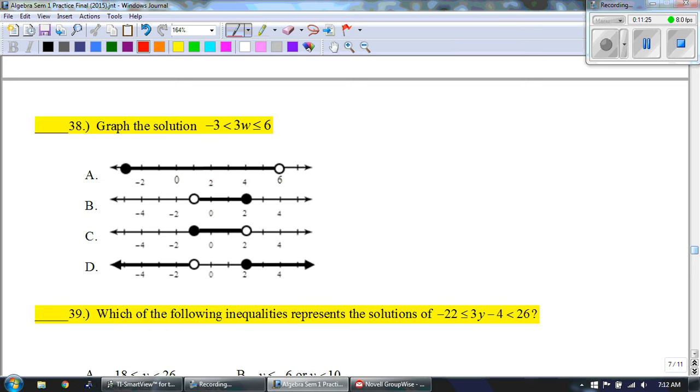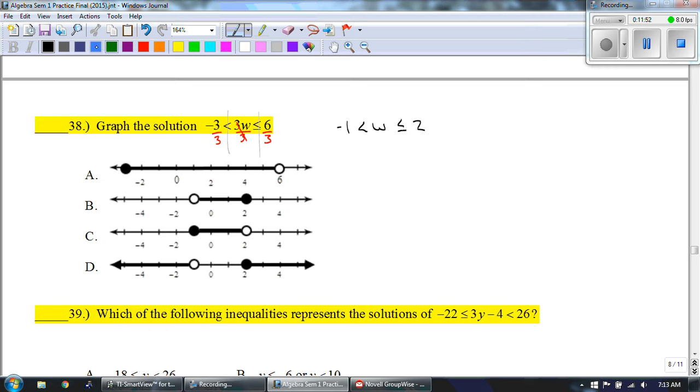All right, number 38. We've got the variable in the middle. So what we do is just treat it like an equation. We're going to solve it. But when I divide, I'm going to divide all 3 sides. Negative 3 divided by 3 is negative 1, is less than W, which is less than or equal to 2.